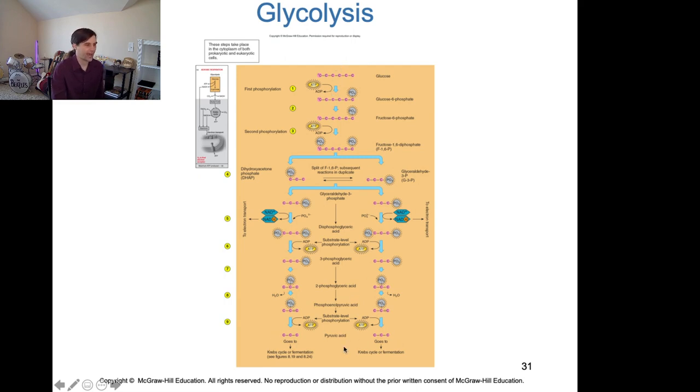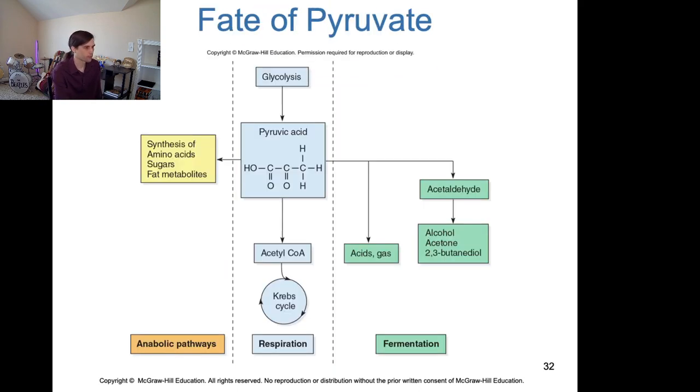Those pyruvic acids are going to be needed to start either the Krebs cycle or fermentation, depending on what you're going to do with them. So pyruvate's going to do different things depending on what pathway it ends up in.